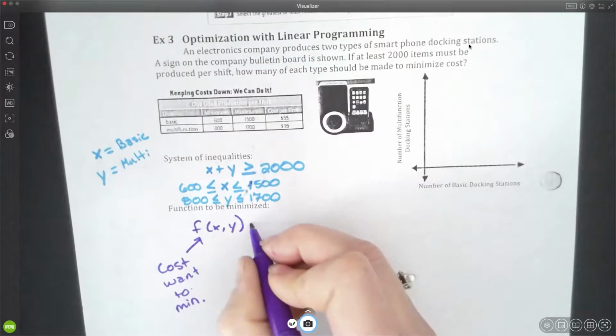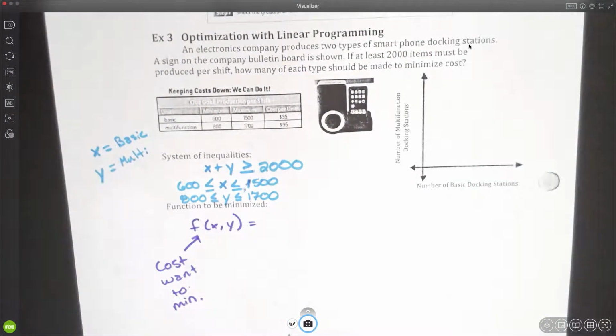Now, how is the cost figured out? How do I figure out the cost of producing X and Y? Look at the table. How much is it costing me to produce each X and Y?